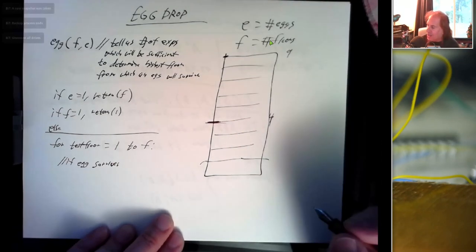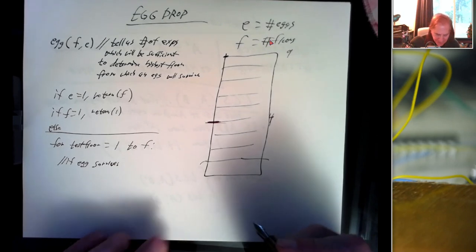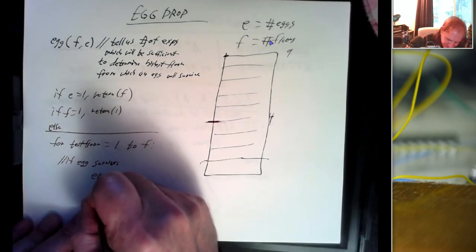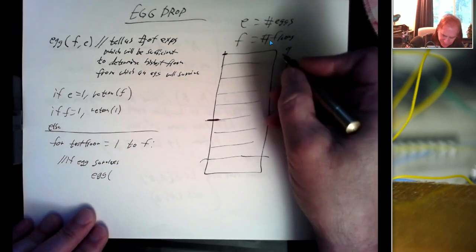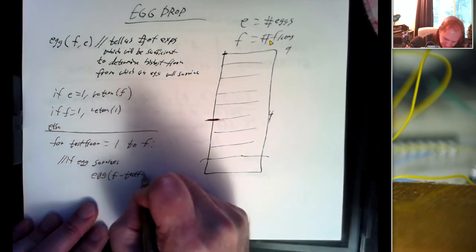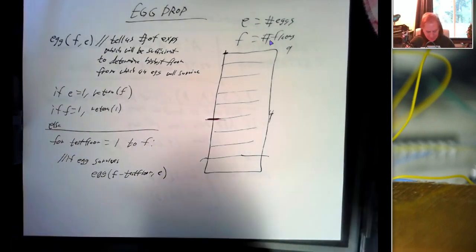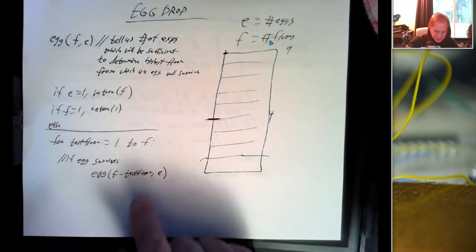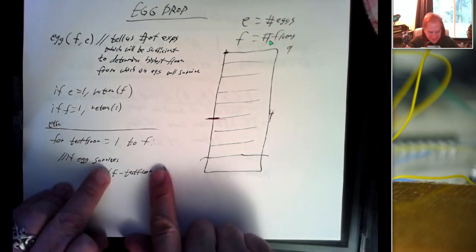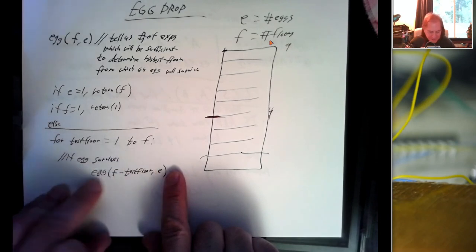We now have 5 floors that we still have to examine. And so we need to look at egg of number of floors minus test floor, comma, and the number of eggs. In other words, if we drop from test floor and it survives, we now have this many floors to explore, and we have E eggs to do that exploration with.